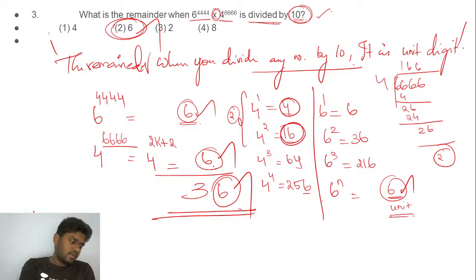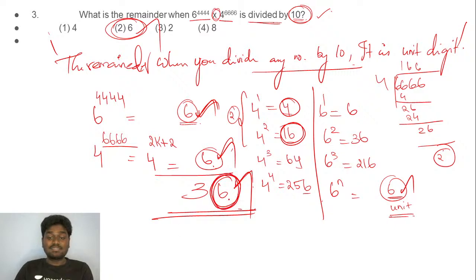A very important question. Nothing to complicate here. If you multiply the two unit digits, you'll get 36, again a unit digit of 6. So the unit digit you have got is 6. That happens to be the remainder here. That's it. Very simple. Clear?